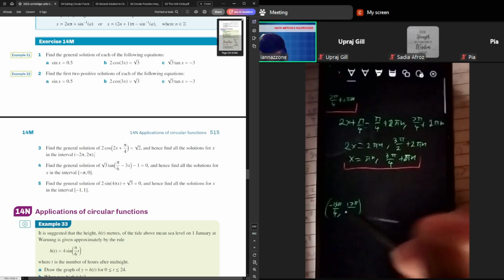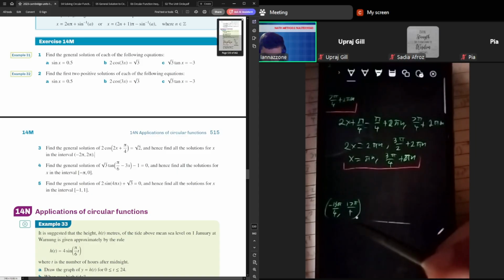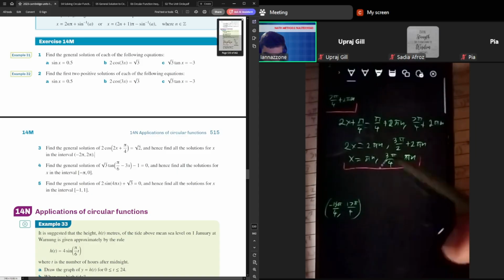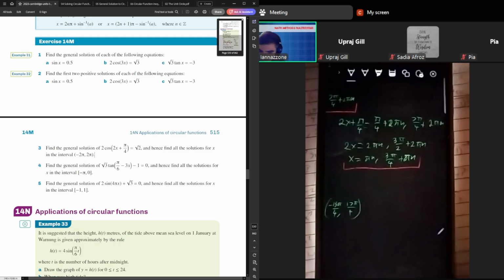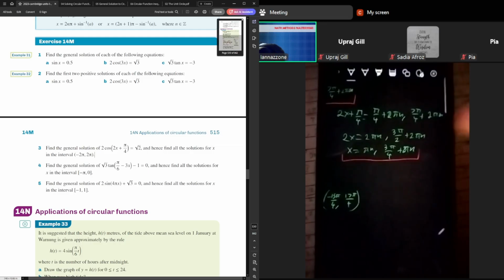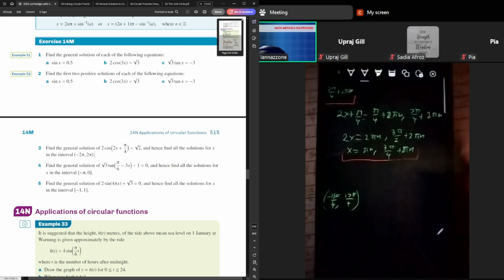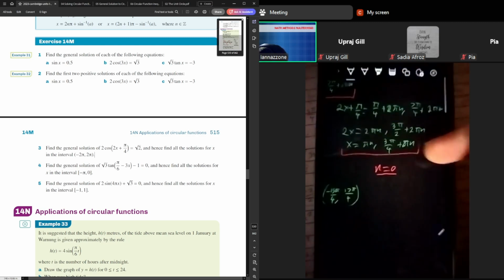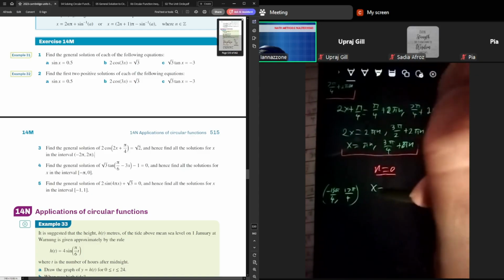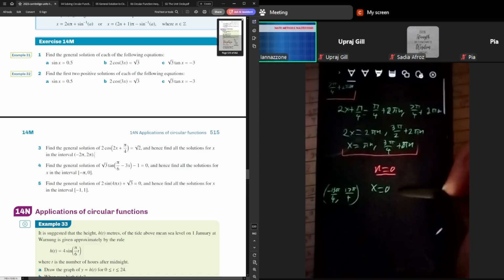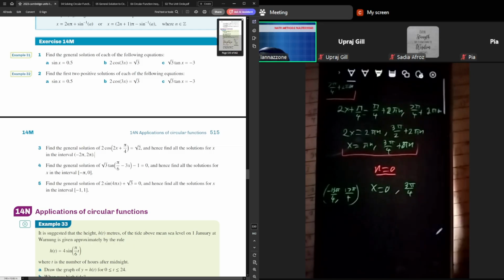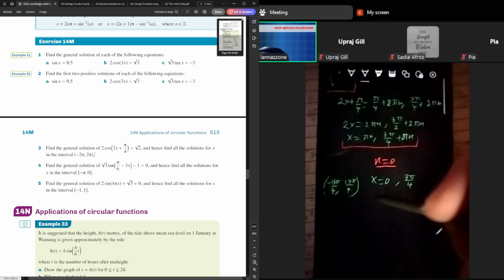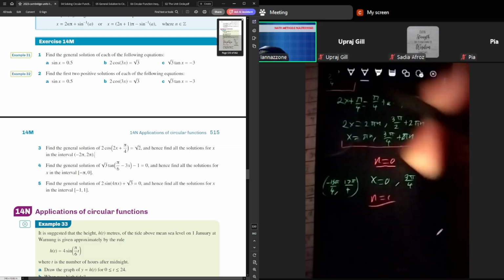Having this here could be nice, but at this point you're better off just subbing in n values until you make it. So for example, first up, n equals 0. That will be the first iteration forward, so x equals 0 and x equals 3 pi over 4. Those are your first two solutions. Then you could do n equals 1.